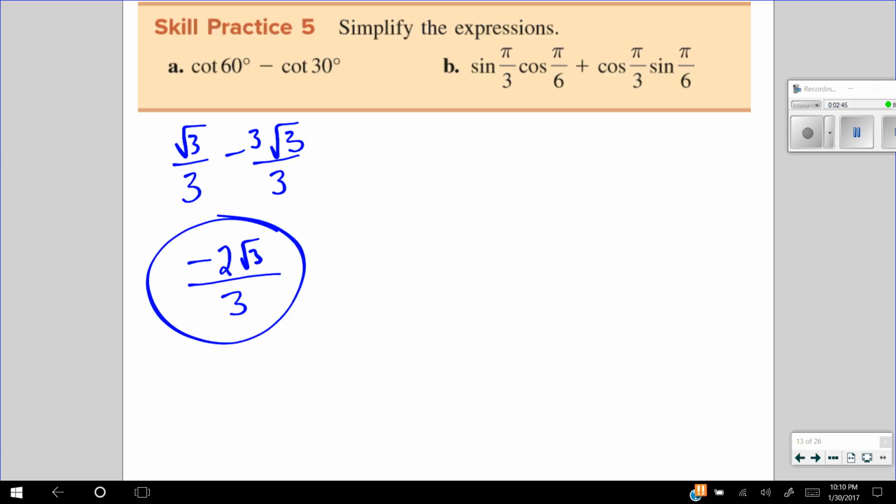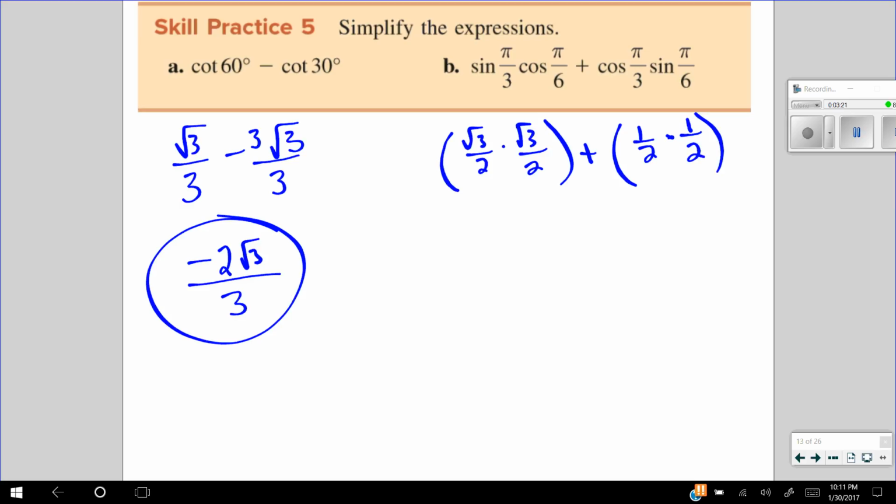And over here in B, I'm going to write a parenthesis here. Sine of pi over 3 is square root of 3 over 2, times cosine of pi over 6, which is the square root of 3 over 2, because they're complements, plus cosine of pi over 3 is 1/2 times the sine of pi over 6. Again, those are complements, so it's going to be another 1/2.